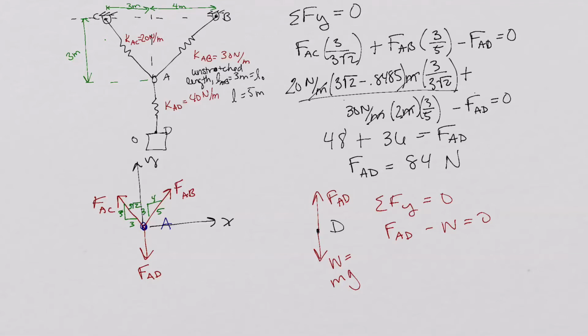So let's pause for a second. All right, so we know FAD from what we did before. So basically the weight is going to equal 84 newtons.